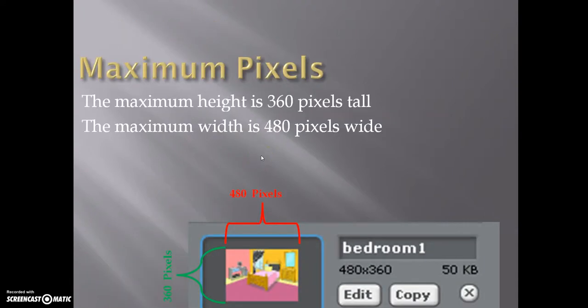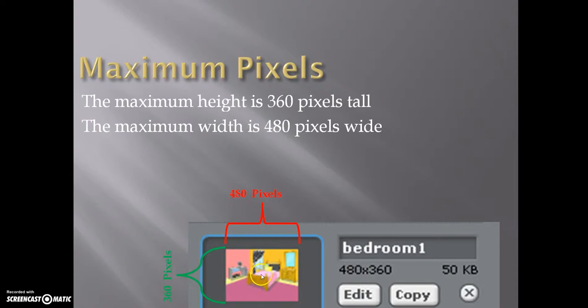Here goes your stage right here. The maximum height that anything can have is 360, and the maximum width is 480. This is 480 pixels, and 0, 0 is in the middle right here. If I go all the way to the left from 0, 0, the maximum pixels I can have is 240.